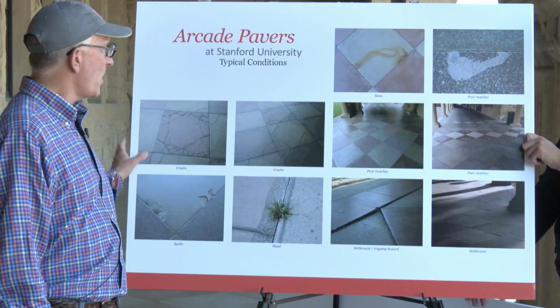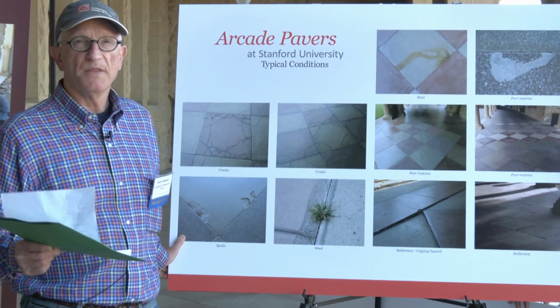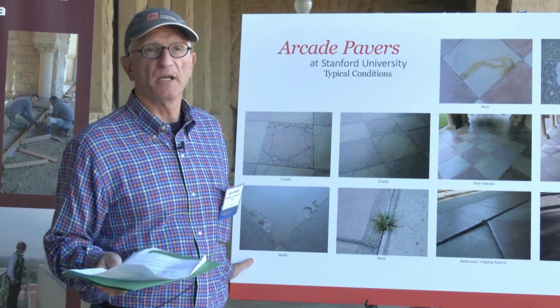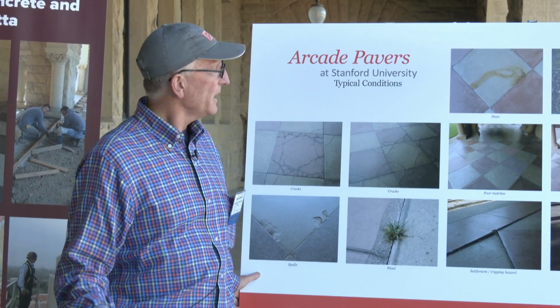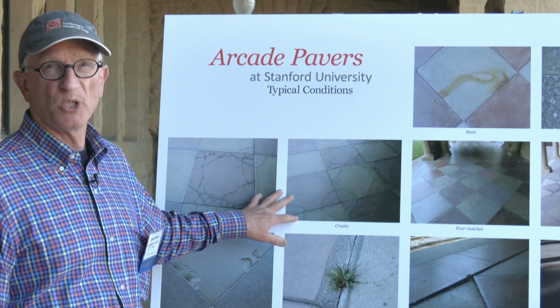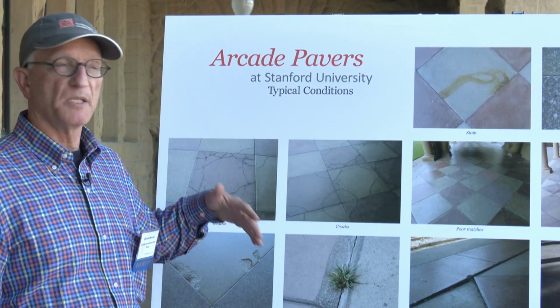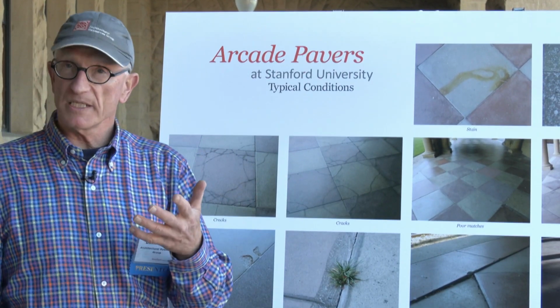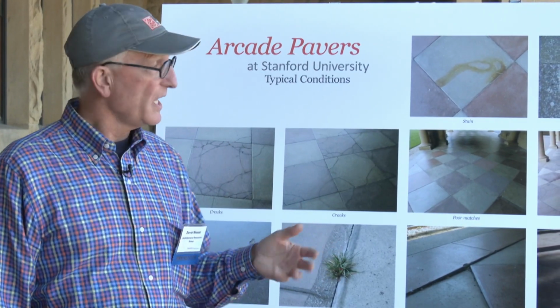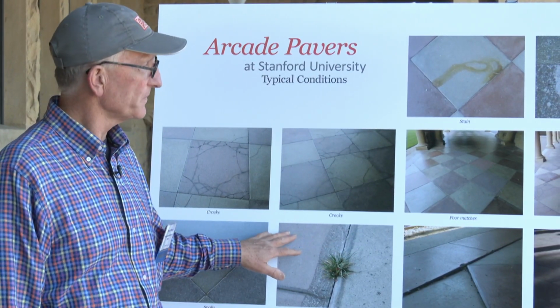So the impetus for all of this was when the seismic upgrade of the quad occurred, and each of the buildings was upgraded. The design work was done by a different architect and by a different engineer and by a different contractor.